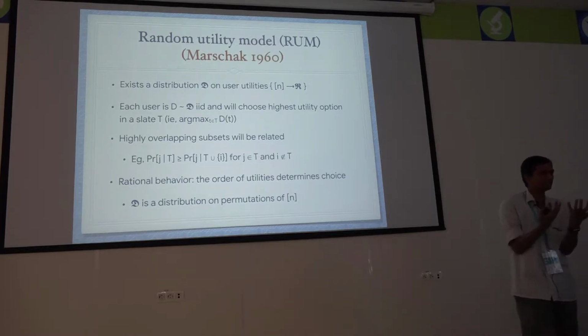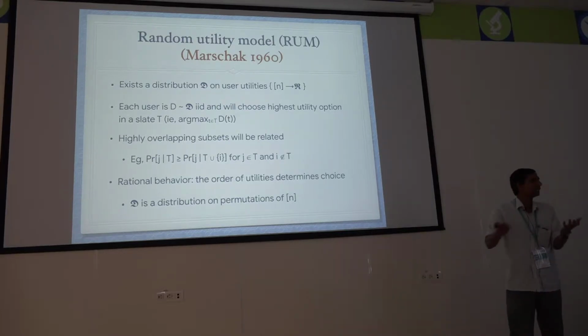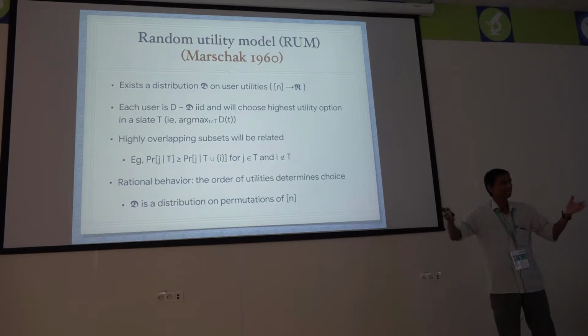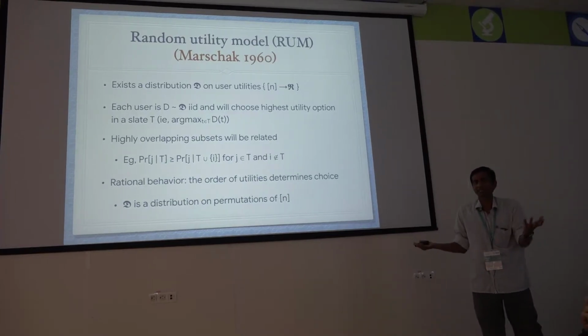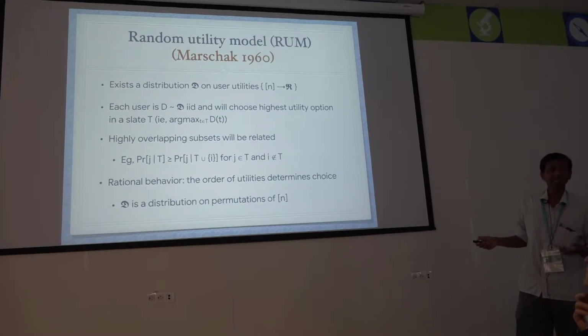So that's a very, very natural thing. Given a subset, I apply my utility function to the elements in the subset and I pick the one that has the maximum utility. This naturally captures the constraint that I was mentioning.